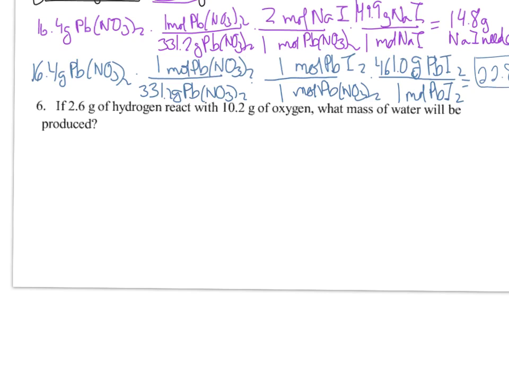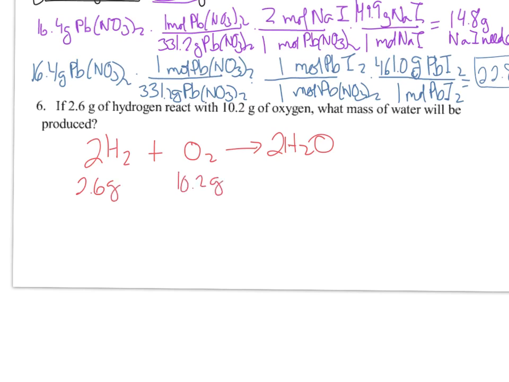All right, so hydrogen, that's H2, reacting with oxygen, which is O2, to form H2O. Need to balance it, so 2, 1, 2. I have 2.6 grams of hydrogen. I have 10.2 grams of oxygen, and I'm trying to find the mass of my water.